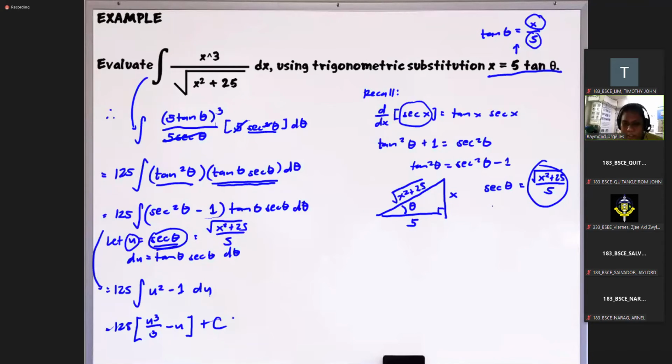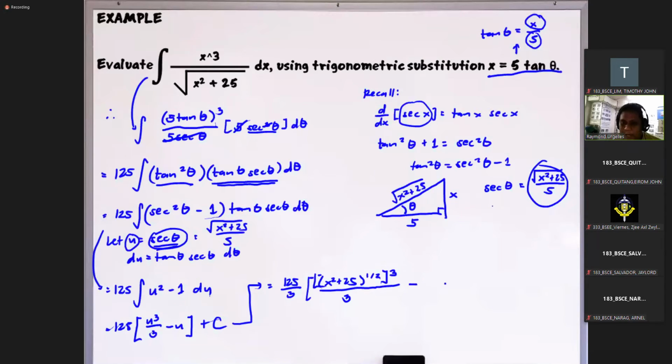Okay? So then, substituting here, so this will be 125 over 3 multiplied by square root of x squared plus 25. So remember that square root can be written as raised to 1/2. So kaya gawin ko na itong raised to 1/2. So then this is divided by 3, kasi ito naka-raise pa pala sa 3. Okay?